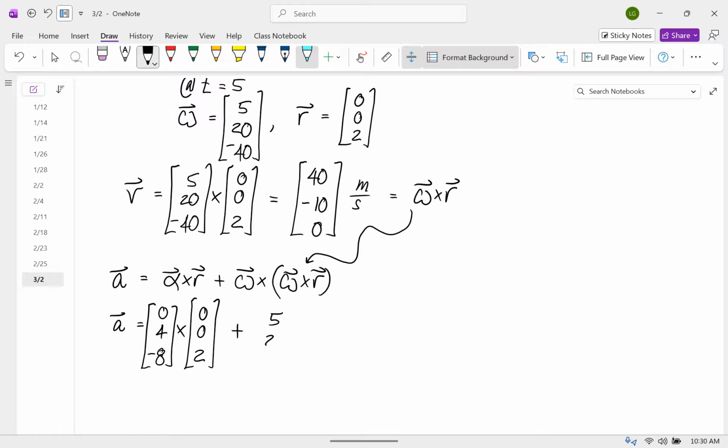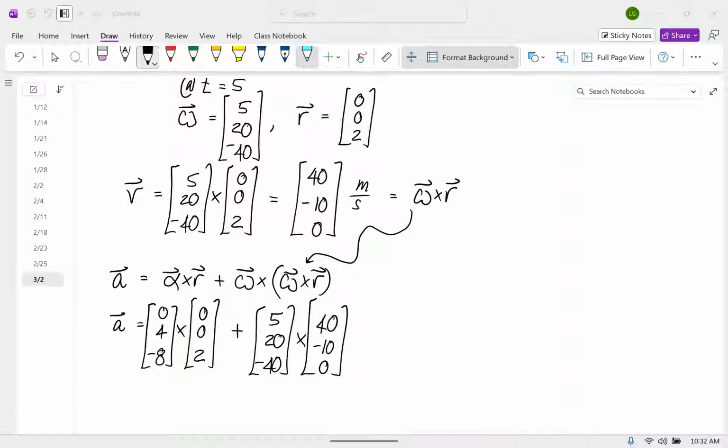Omega is 5, 20, negative 40. We'll substitute in the omega cross r, which is 40, negative 10, 0. I got a syntax error at first, but now I got negative 392, negative 1600, and negative 850.